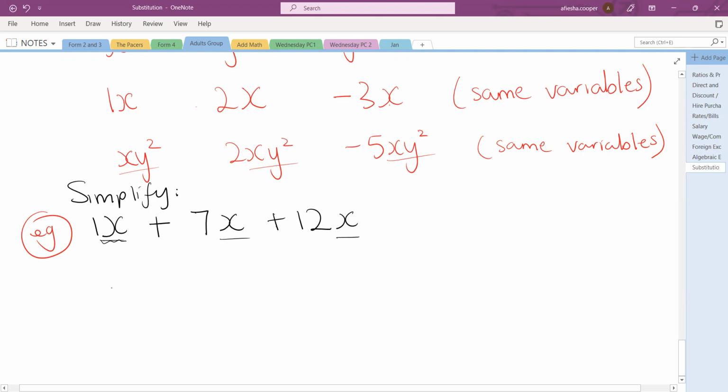And we know that when we're going to simplify, we're going to add the coefficients. So we're adding the coefficients, and we're keeping our variable the same. Keep the same variable, right? Don't change anything.